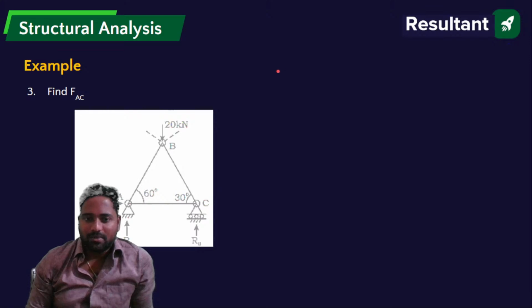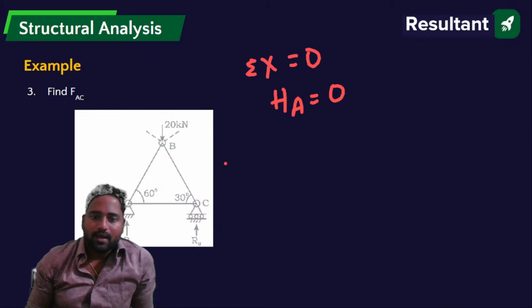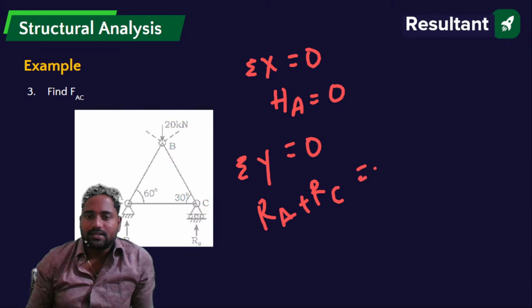Summation of forces in x direction equals 0 gives HA equals 0. And summation of forces in y direction equals 0 gives RA plus RC, the reaction at A plus the reaction at C, equals 20 kilonewtons.